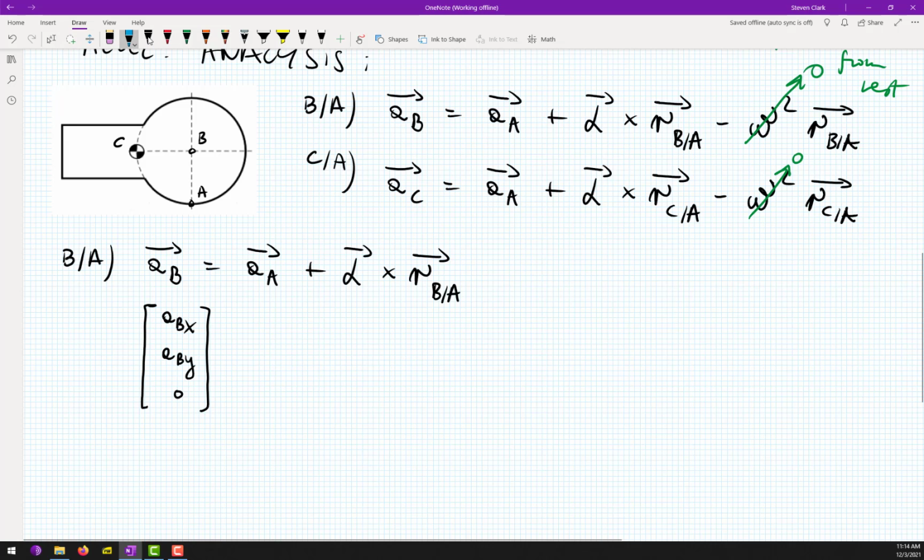Because trajectory of this point, trajectory of B is here. This is trajectory. So I think that this guy will be 0. Acceleration at point B will always be horizontal. It's basically located in the center of the circle.